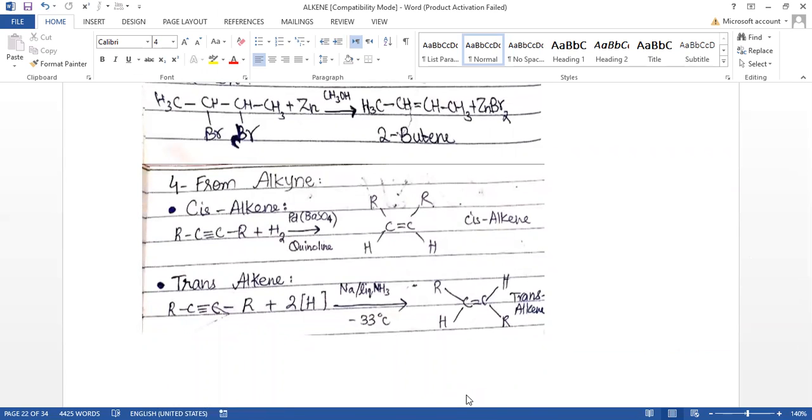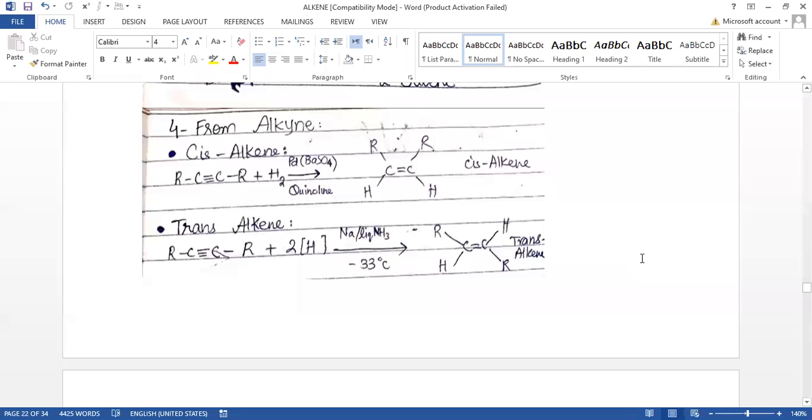From alkyne, we can also produce our respective alkene, but there's a difference in the location of the carbon atom, giving cis-alkene and trans-alkene by differing the conditions.